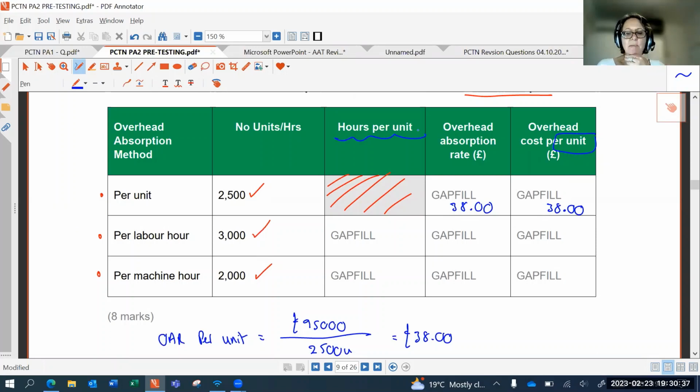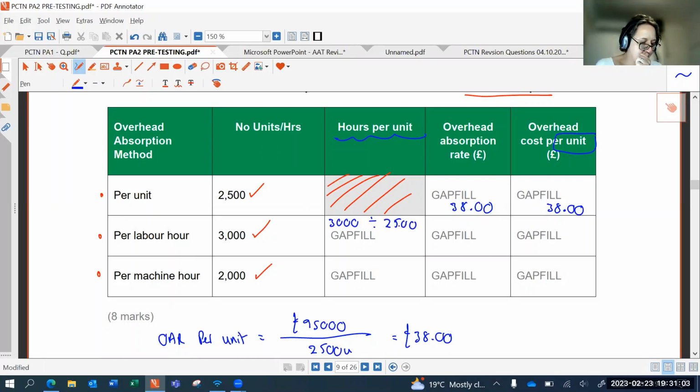And I think I've told you before, if you always feel that you get muddled up with when to divide what by what, treat the little per as a division sign. So that would mean find the hours, 3,000. Per is the division. And then it says unit. So hours per, now a division, and units, 2,500.